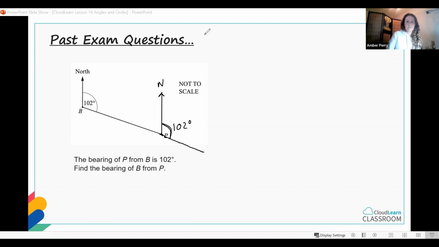I'm just going to read the question: find the bearing of B from P. So here's P, from P. All bearings are always measured from the north, so I've drawn my north line. They're always measured clockwise. The bearing that I actually want is this angle here. It goes all the way around like this. So it's this 102, and also this angle on the straight line, 180.